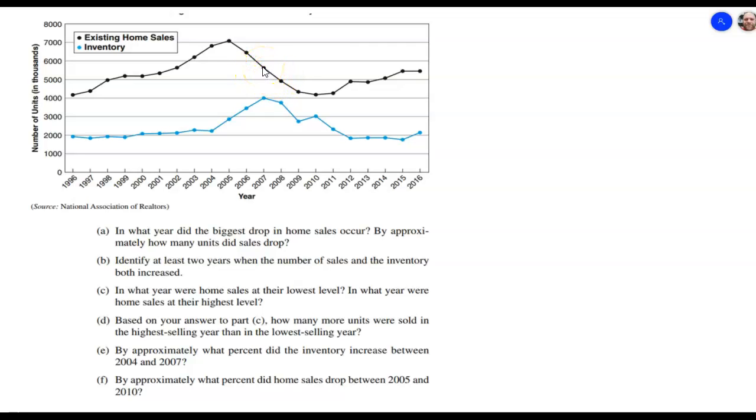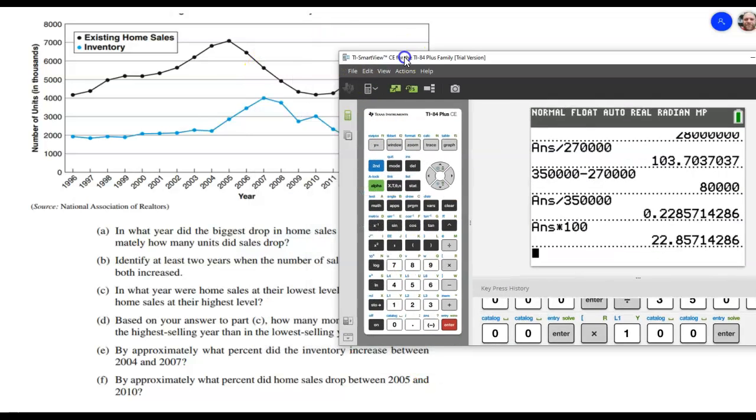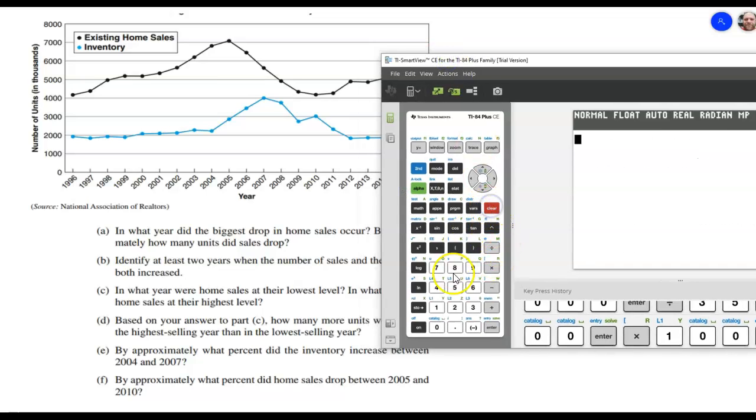It went from around, let's say this is 5,000 and this is 6,000, so this is a little bit over 5,500, so maybe it dropped from 5,500, or actually like 5,600, so let's use our calculator here. So it looks like we dropped around 5,600 to, and then this is just under 5,000.